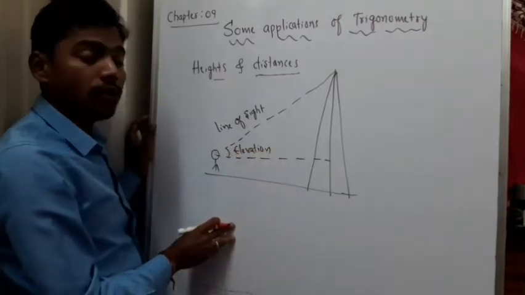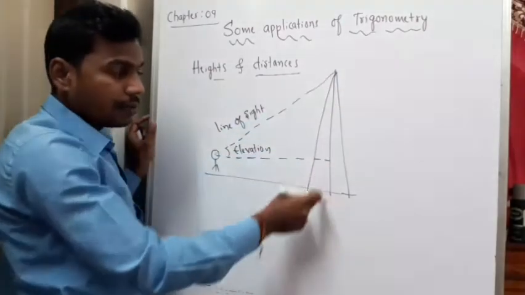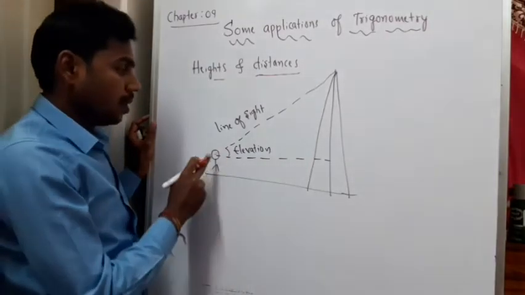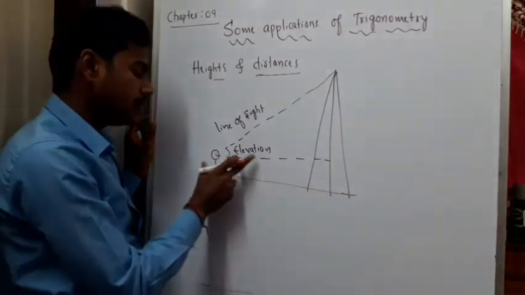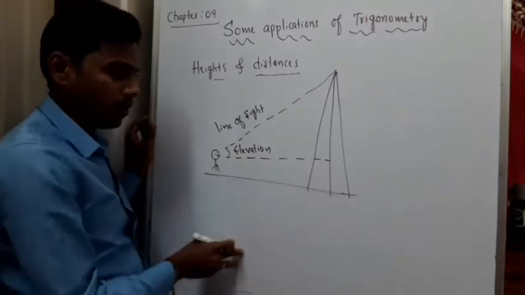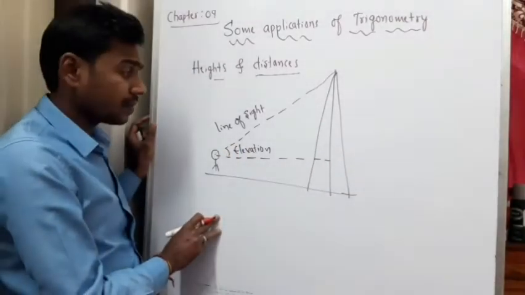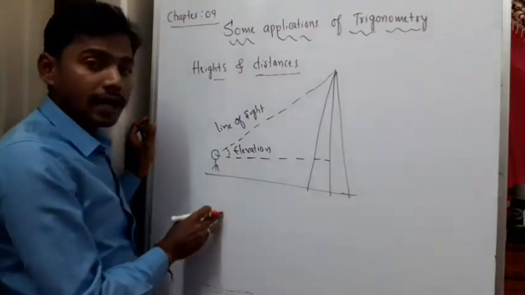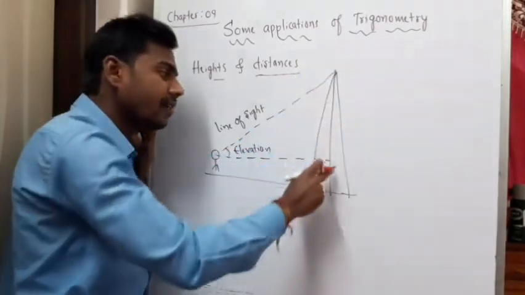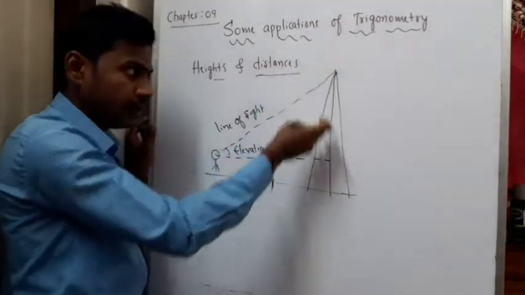Suppose I want to find the height of the tower. If I know the distance between the person and the tower, and if I know the angle of elevation, then I can easily find the height of the tower.